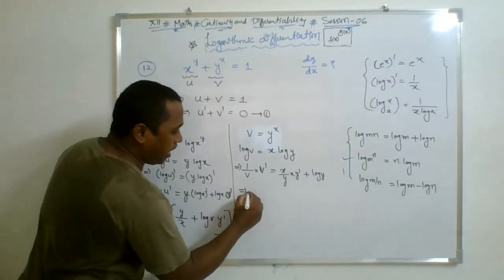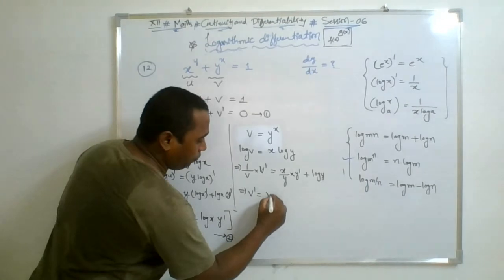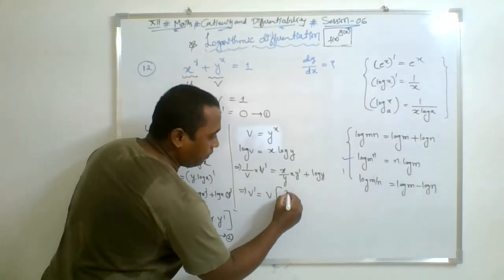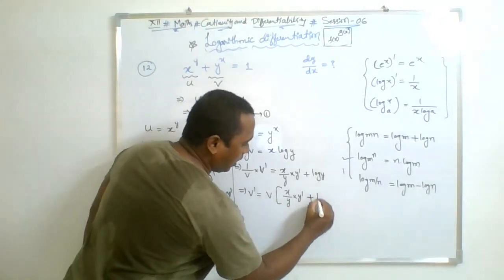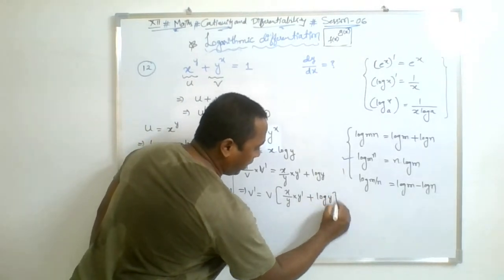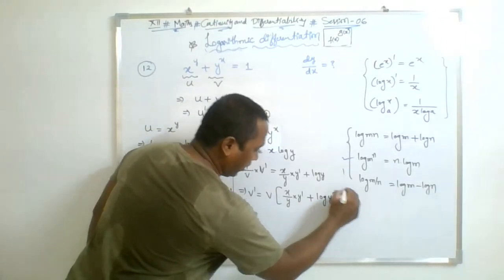So finally I got v dash as v into what we have, x by y into y dash plus log y. This is result number 3.